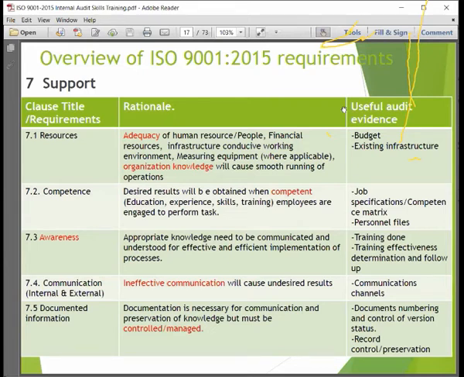The documents will be put there, but how will they be controlled to ensure that if there is any change, it is done in a controlled manner? It's not anyone with a computer, even at home, just trying to change that document and adding another step that was not there. Or if a change is done in the right way, how do we distinguish the old document from the new document?